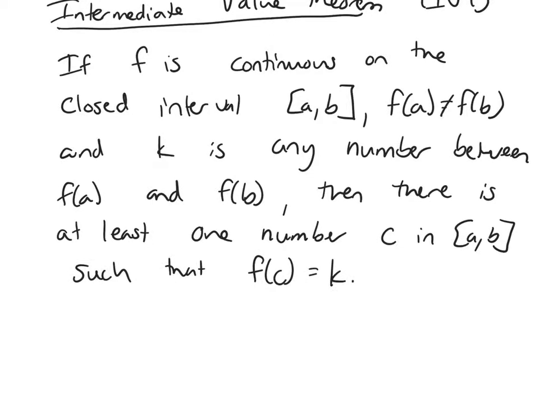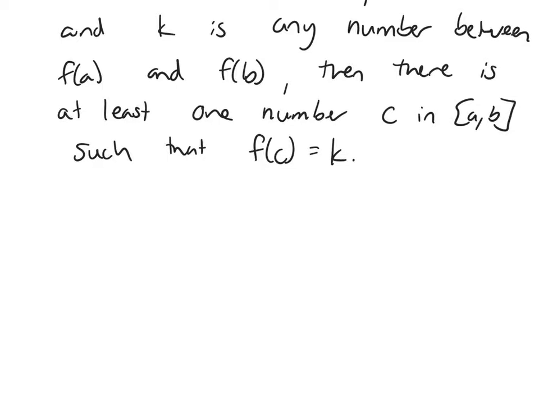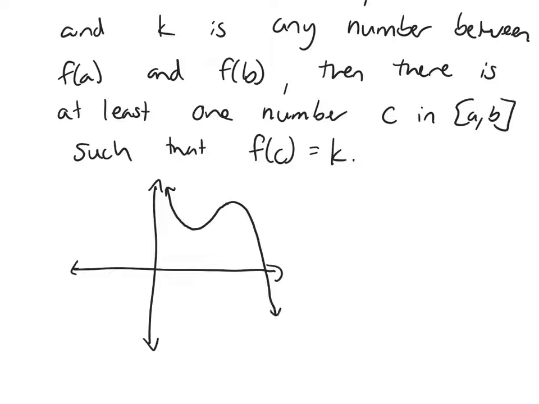All right, so that's what the intermediate value theorem says, but let's think about this in a picture format. I think it makes it easier to digest what it's saying. We have to start with a continuous function, so let me just draw a picture of a continuous function here. And then we're looking at this function between x equals a and x equals b.